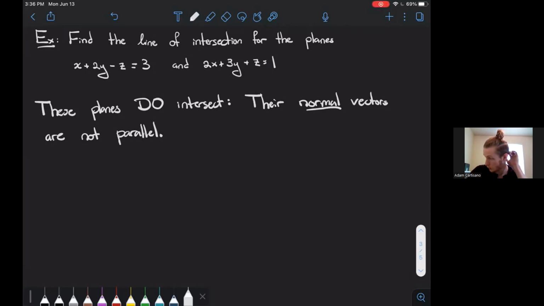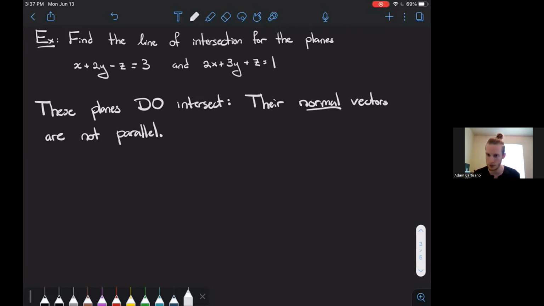Two planes will fail to intersect along a line precisely when their normal vectors are parallel. This is equivalent to the statement about the slopes of two lines. So like two lines will fail to intersect precisely when they have the same slope. But you could also say that the normal vectors to two lines which fail to intersect have to be parallel.